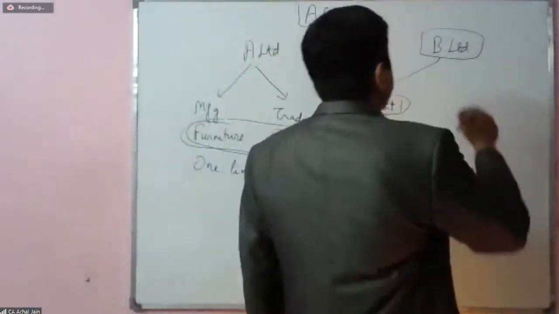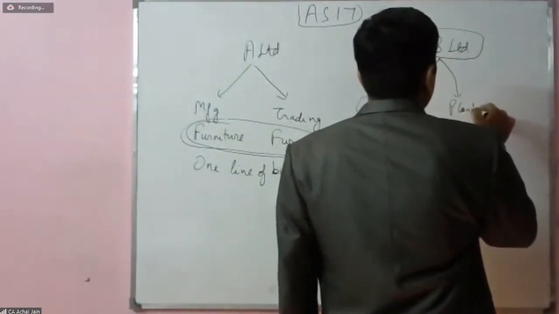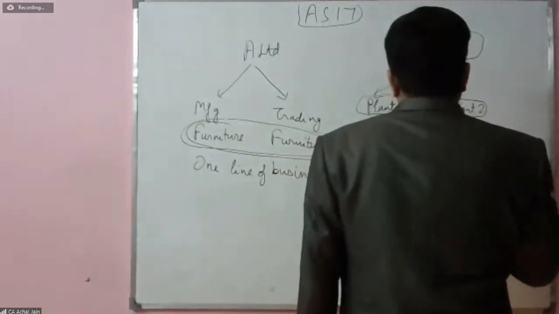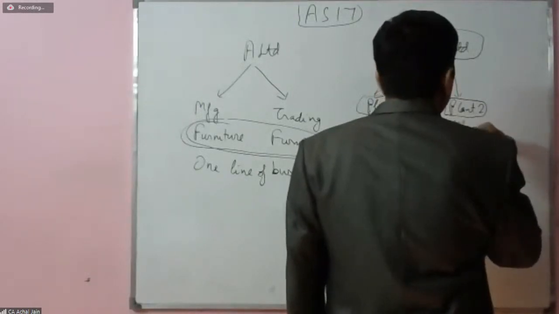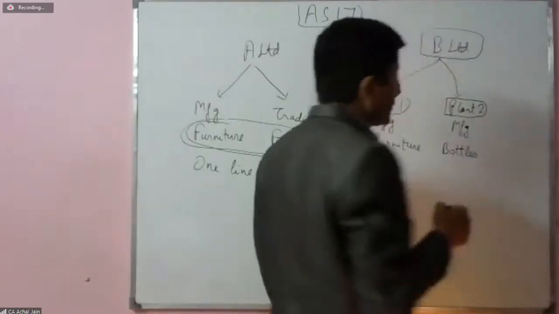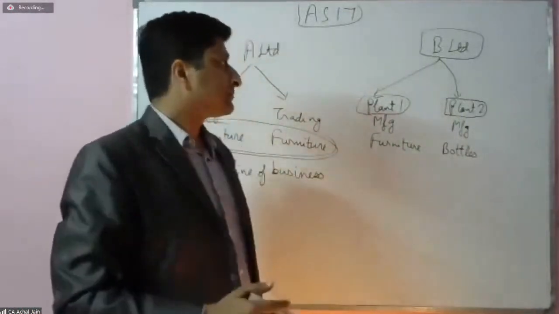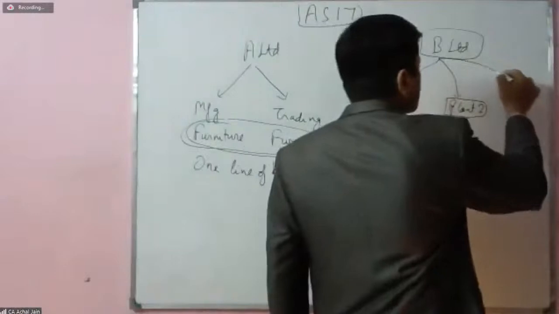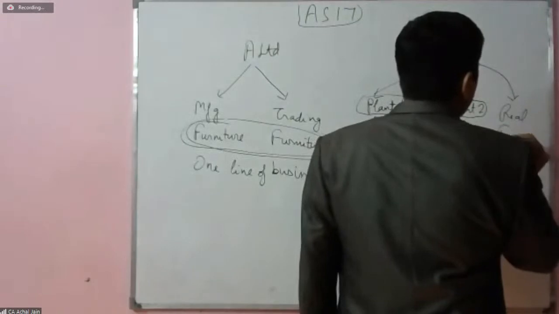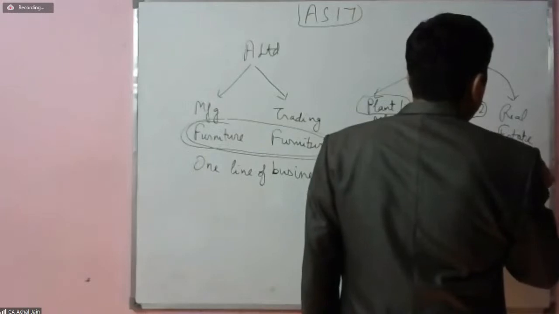Then B Limited has got another plant, Plant 2, wherein it is manufacturing, say, bottles. So it is manufacturing and selling bottles. Correct? Third, it is also involved in real estate transactions, or you can say business.